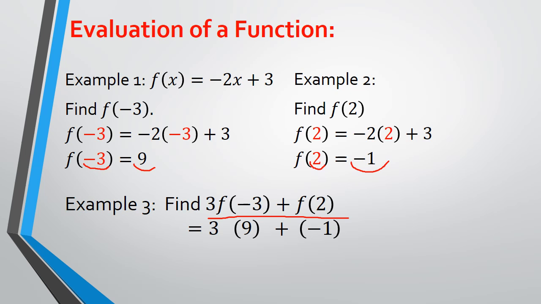And to do that, all I need to do is substitute f of negative 3 with the output of negative 3, which we got before in example 1, which is 9, and switch f of 2 with the output of 2, which is the answer we got in example 2, which is negative 1. Now 3 times 9 plus negative 1 is just 26.